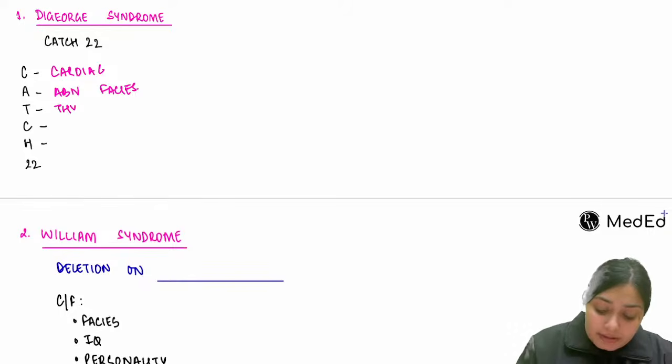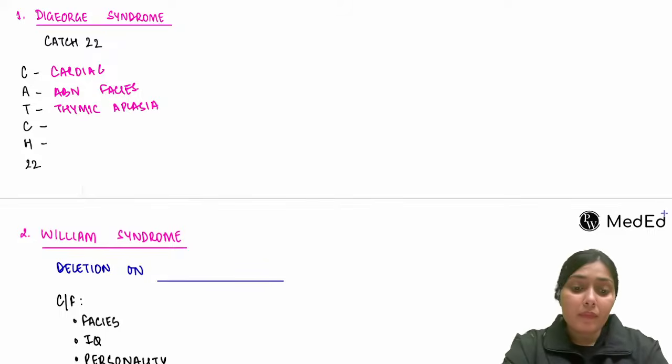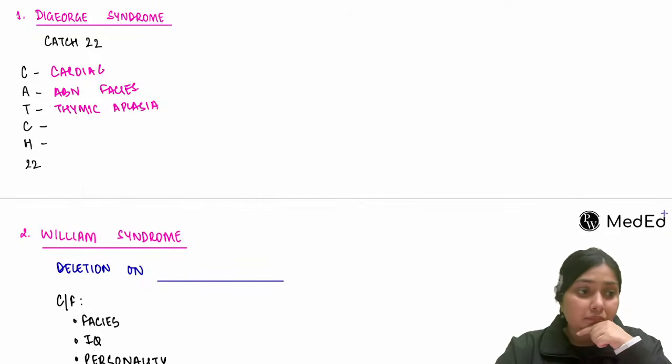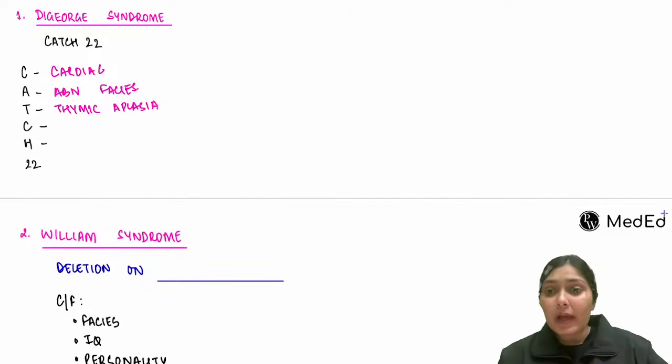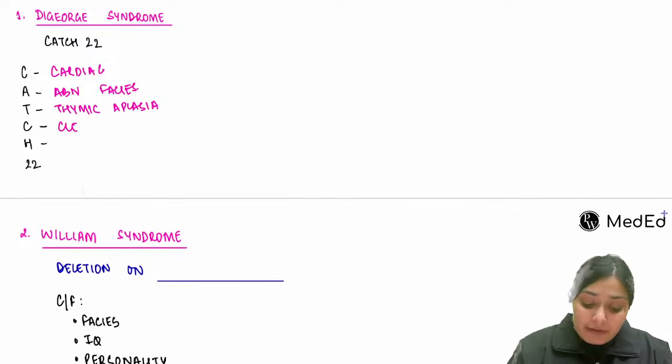T is for thymic aplasia. C is for cleft lip, cleft palate.